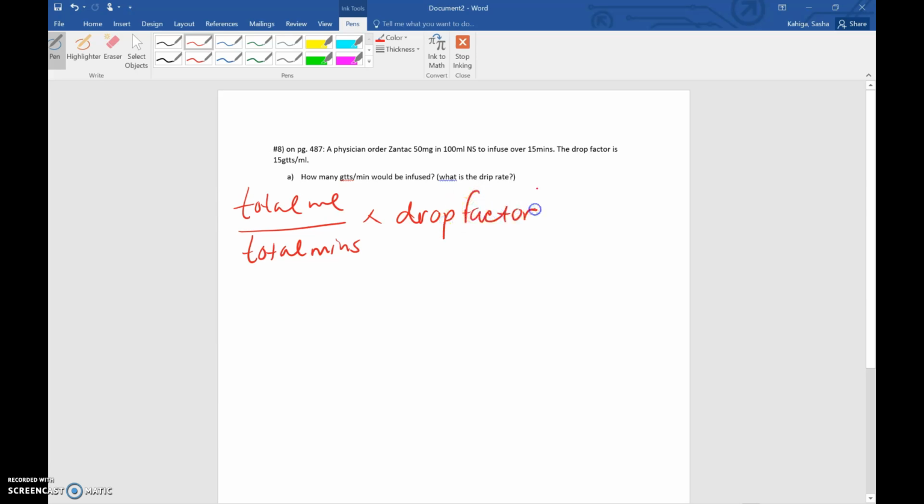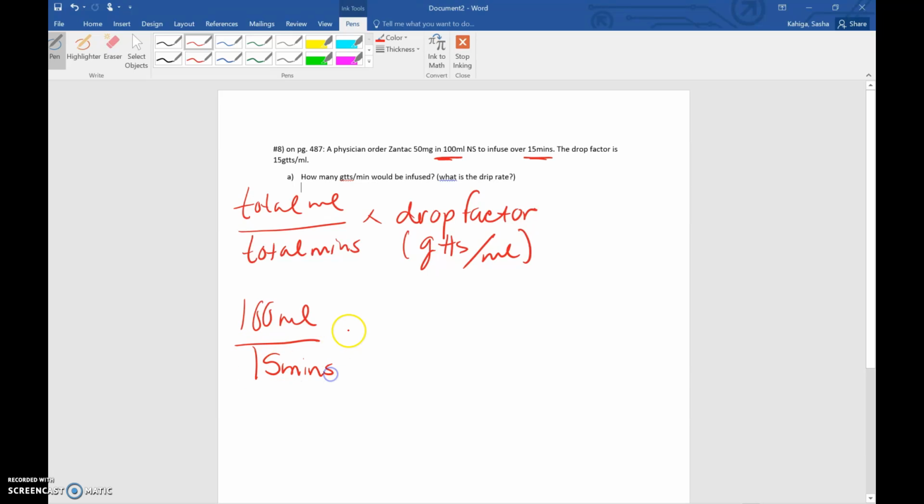Remember, your drop factor has the units of what? Drops per milliliter. So if I read over the problem, it tells me that my total amount of milliliters is 100 milliliters and my total amount of minutes is 15 minutes. So I'm going to take 100 milliliters over 15 minutes.